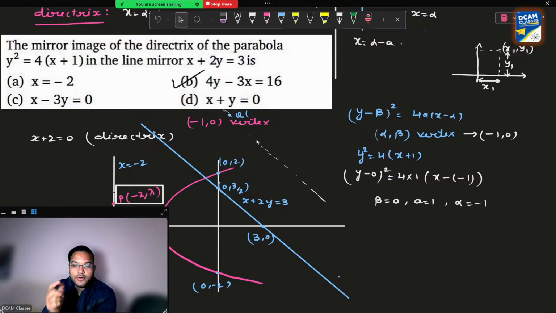Similar to that, you have to find the locus of your image in this question also. After you find the locus, what I have done here, found the image Q in one variable, and then removed the variable to find the locus. Once you find the locus, you have to find the equation of tangent at the given point on that locus. That's all.